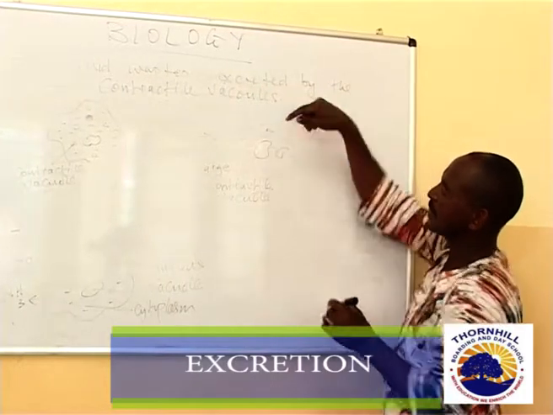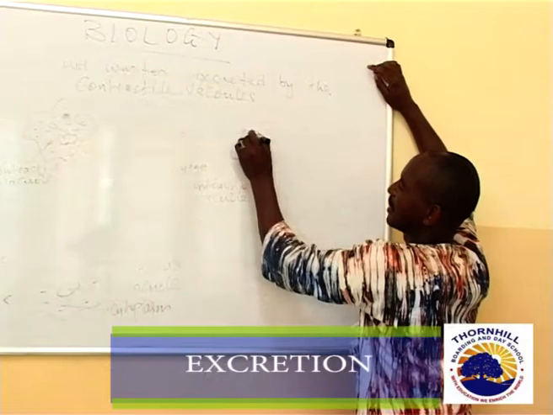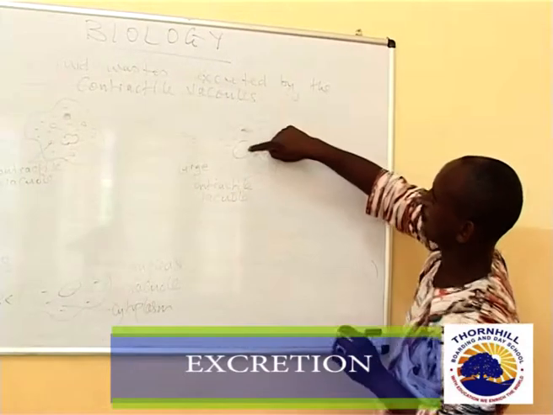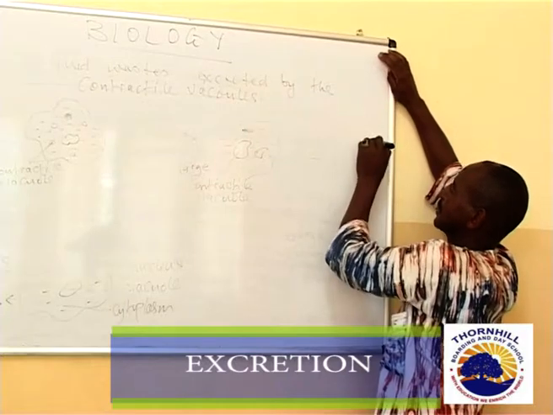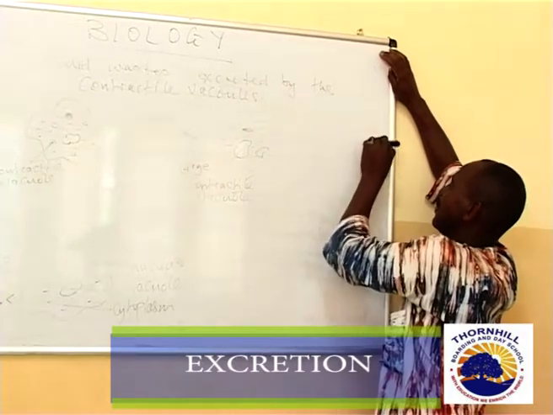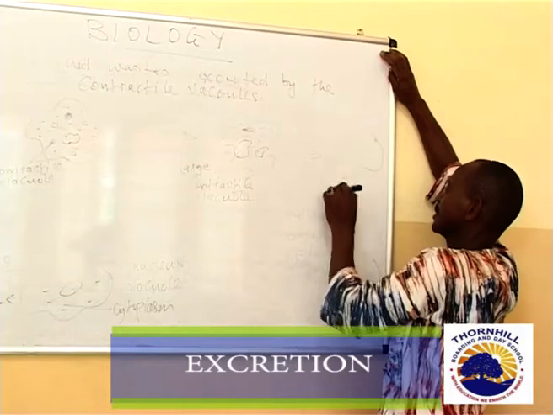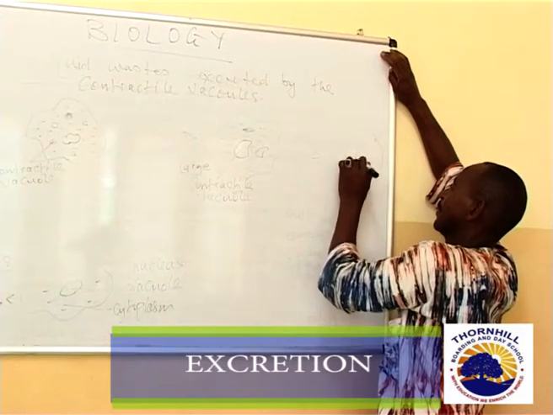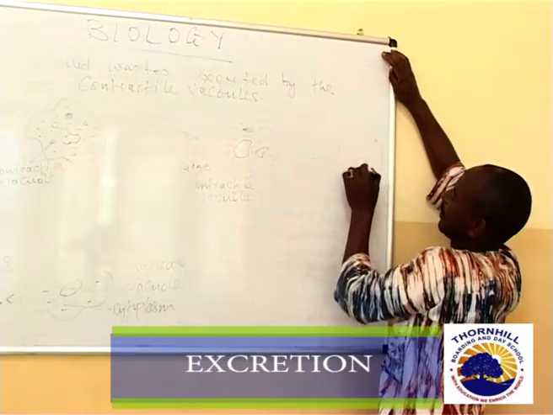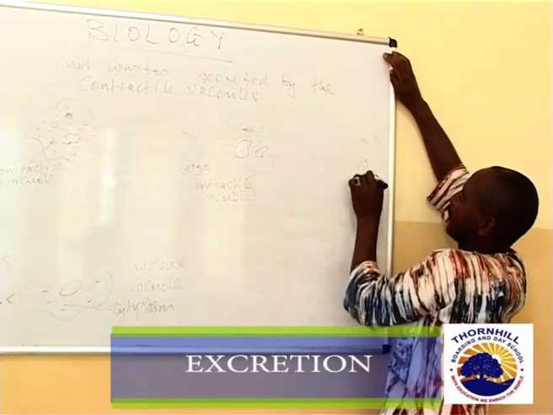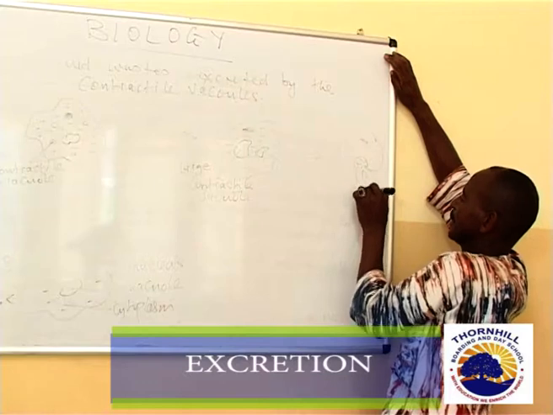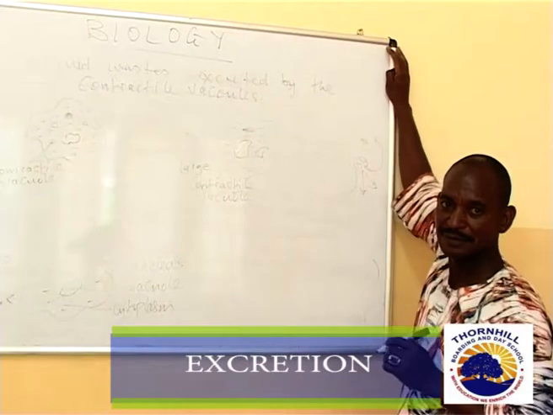And then the nucleus is going to secrete an enzyme which will push the large contractile vacuole to the edge, and then it bursts open. So the waste which was collected is emptied into the surroundings.